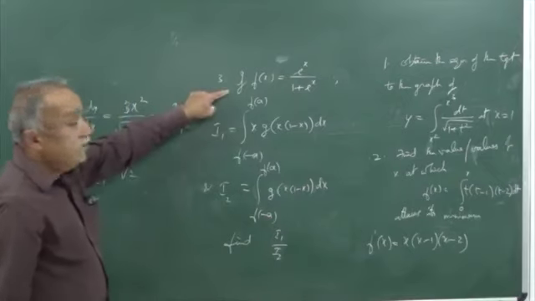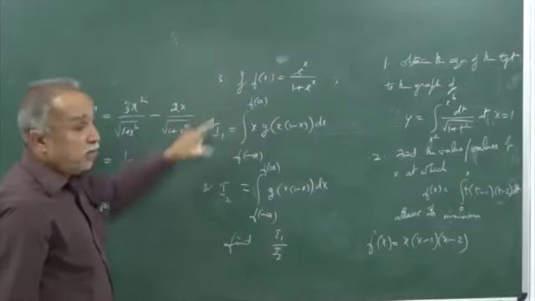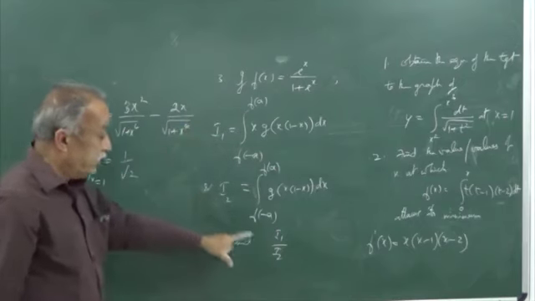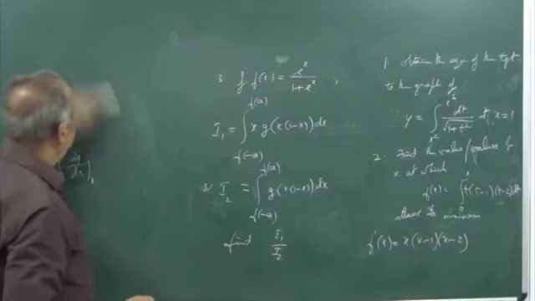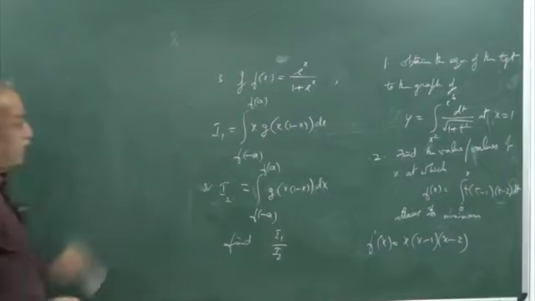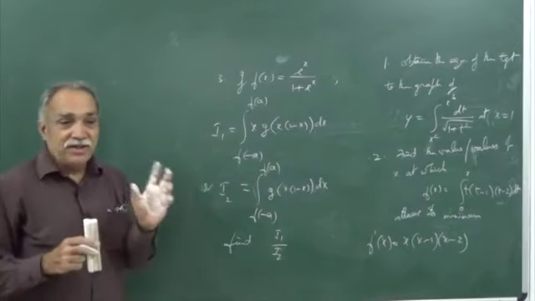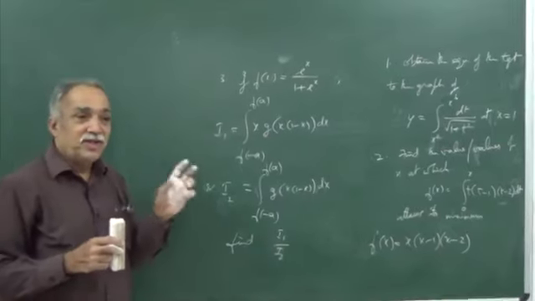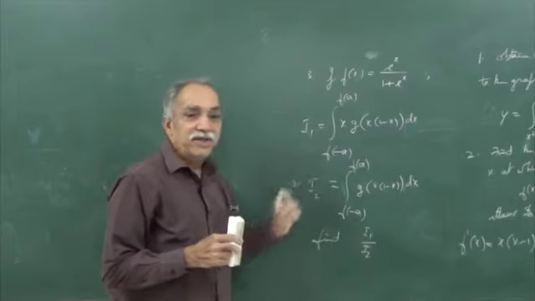That's finished. Next. F of x is e power x by 1 plus x, 1 plus e power x. I1 is this, I2 is this. What is the ratio I1 by I2? The only crucial thing that is most important, that is the point to be noted, is what is f of a plus f of minus a.